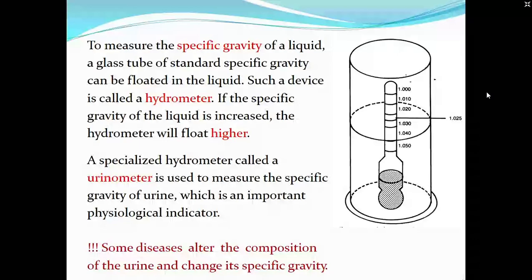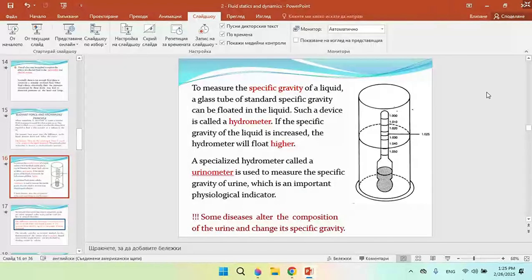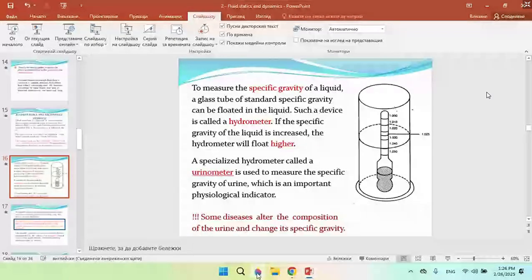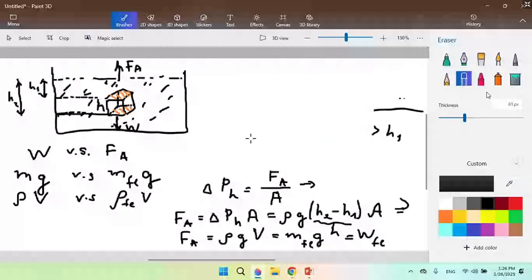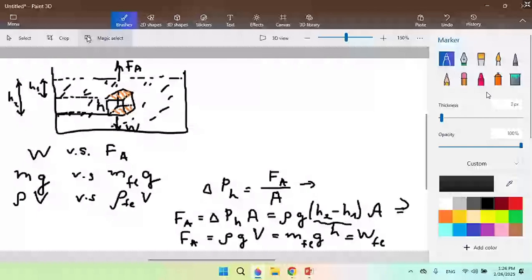So thus, specific gravity, also known as relative density. Let me clear this. And I write it as specific gravity, or R from relative density.